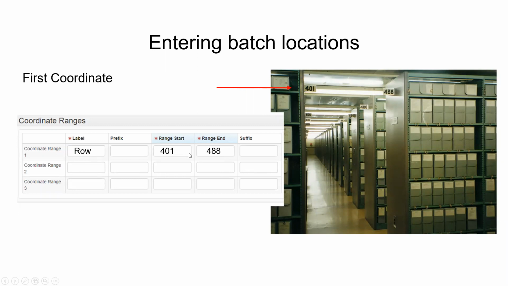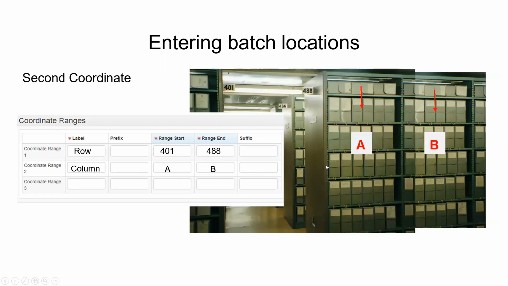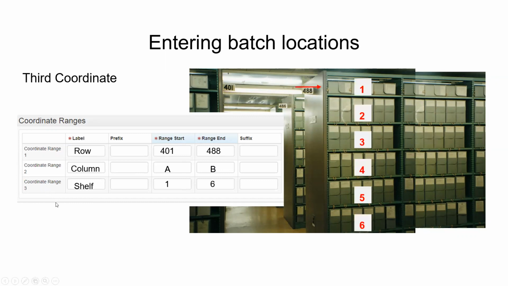So here's how the rows would look. And then you might say, here's your columns. So for each of these rows, 401 through 488, all of them have a column A and a column B. They probably have a C, D, and E as well. So again, as long as it's all consistent, it's very easy to use this. So the next range in this case might be shelf. Each row has several columns on it.